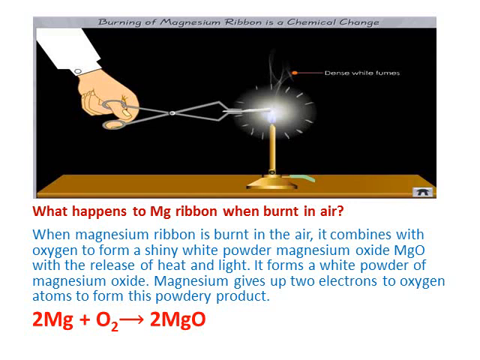Since this is a chemical reaction, the properties of the magnesium ribbon should be different from the properties of the ash after it burns. Yes, exactly. Previously it is in solid state, after burning it is in powdered state.